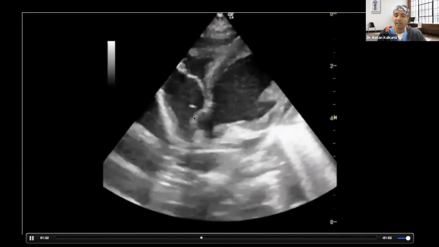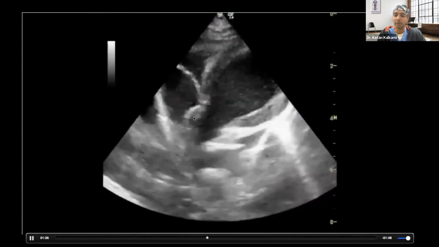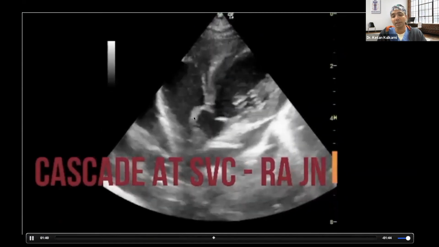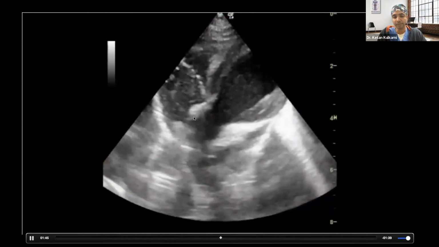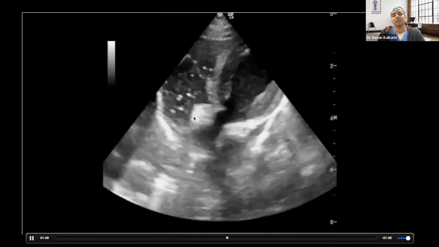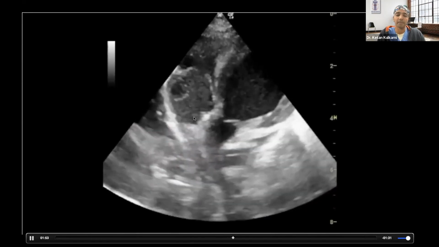It is bedside. There is no radiation exposure. You don't need to call the radiographer. There is no extra cost involved. It's right there itself. This is a slow motion view.